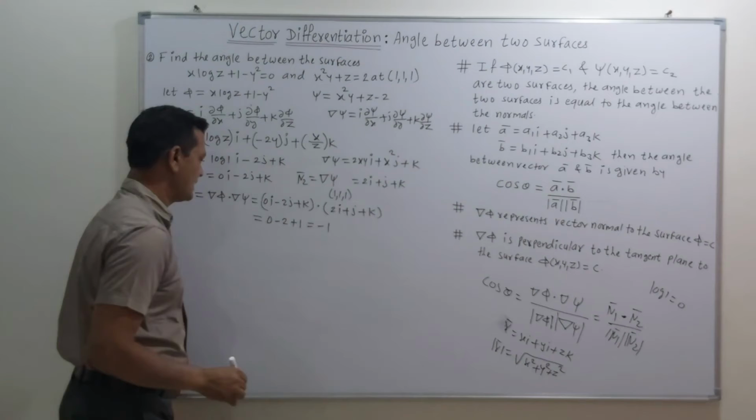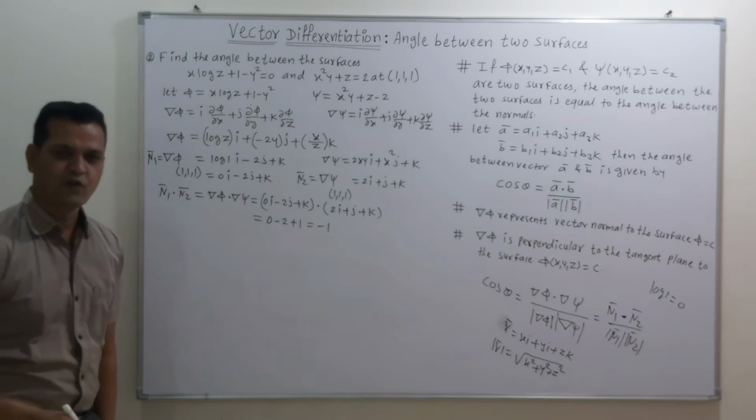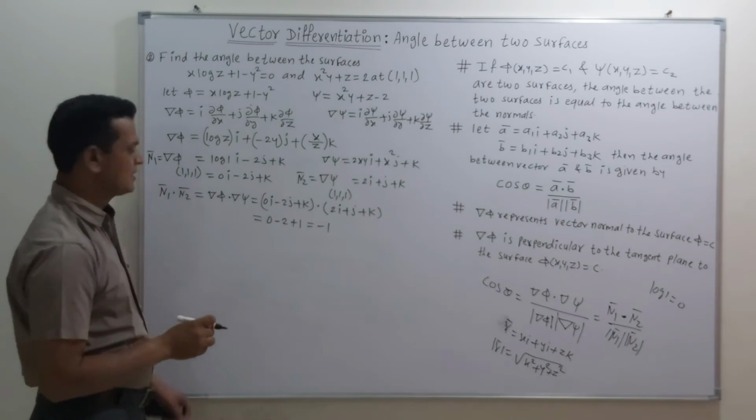So finally we reach the answer as minus 1. This is the dot product between the two normals to the surfaces.